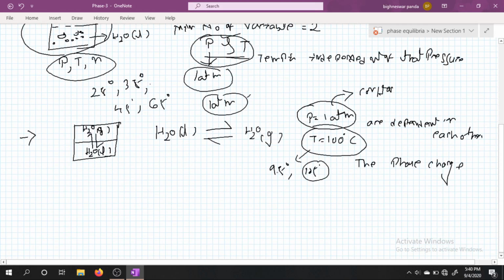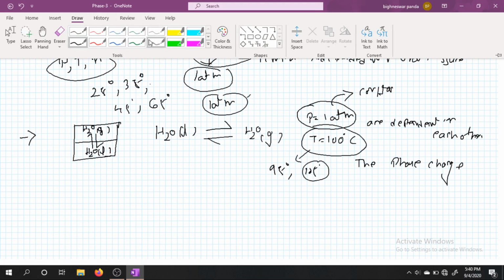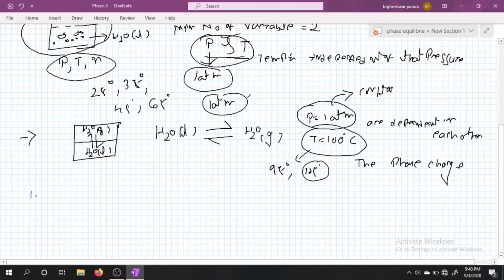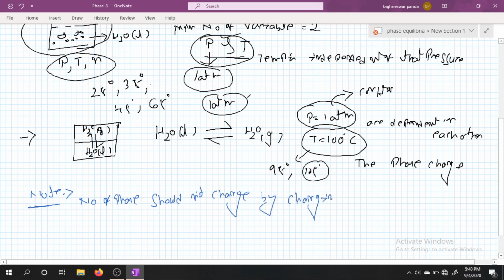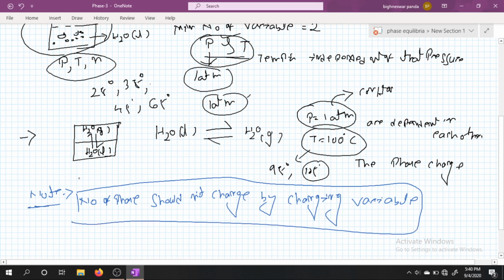Here one point you need to note, remember: the number of phases should not change by changing variable. This is important.